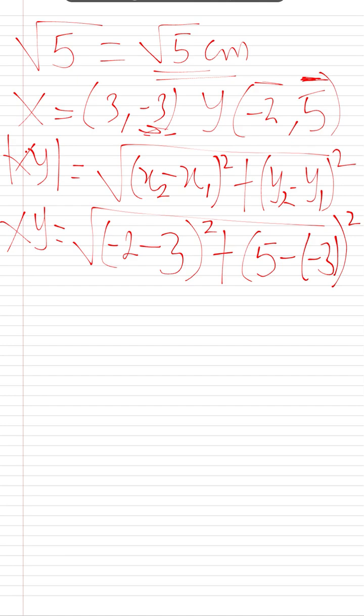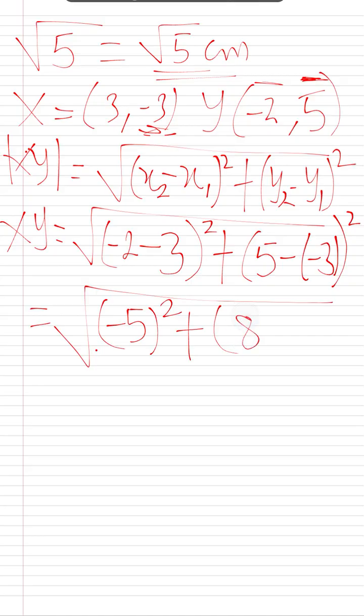So this should now be equal to square root of minus 2 minus 3 will give us minus 5. So this is minus 5 all squared plus 5, minus times minus is plus. So that's 5 plus 3.